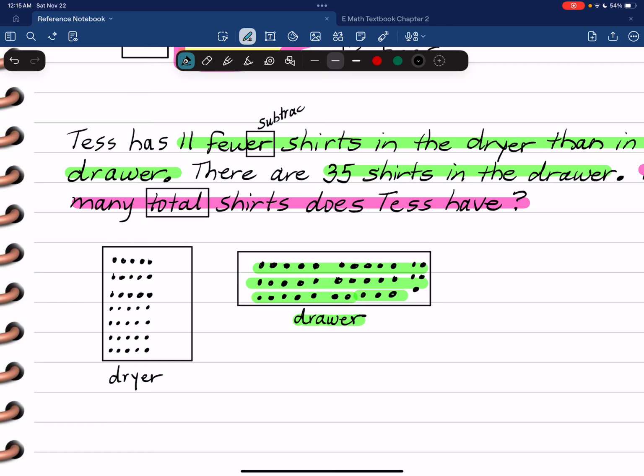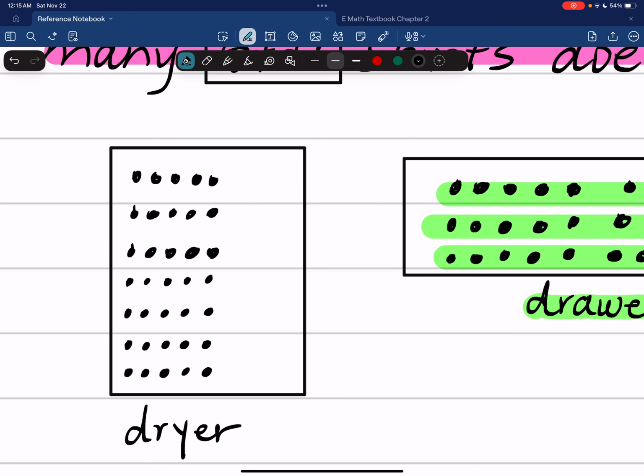So it says to subtract 11. So over here for the dryer, I'm going to erase 11. So there's 5. There's 10. And there's one more to make 11.